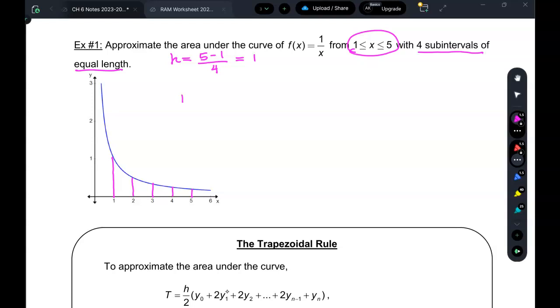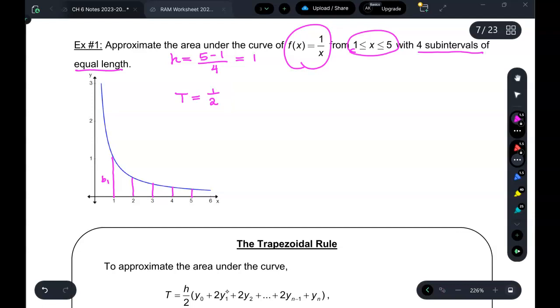Okay, so I'm going to say T equals 1. I'll do this one as each individual trapezoid, and then we'll see. So it's h over 2. Here's base 1. What happens when I plug 1 in here? I get 1.